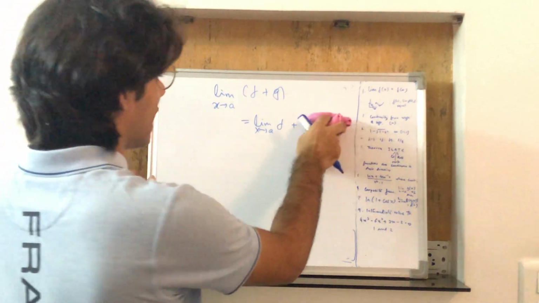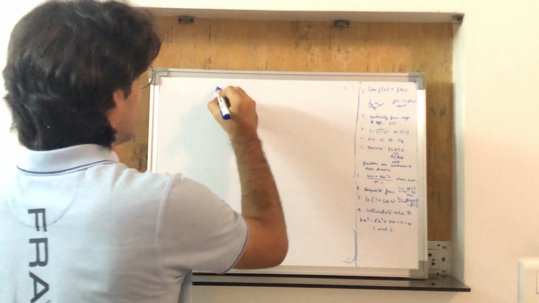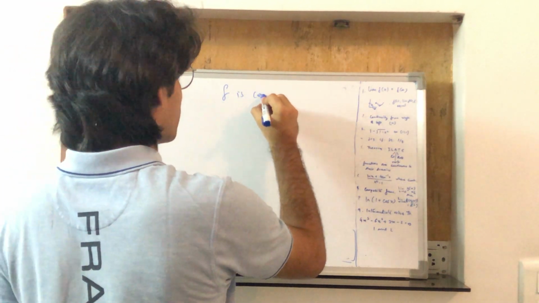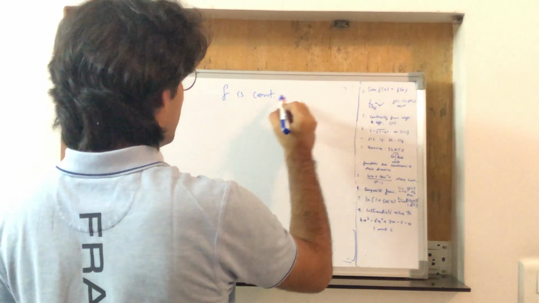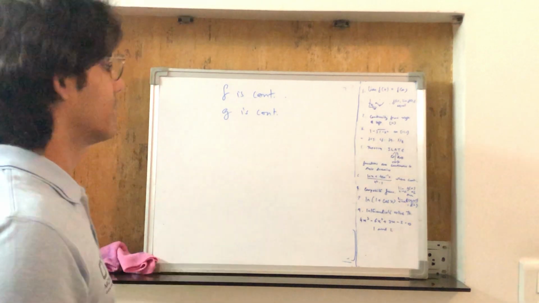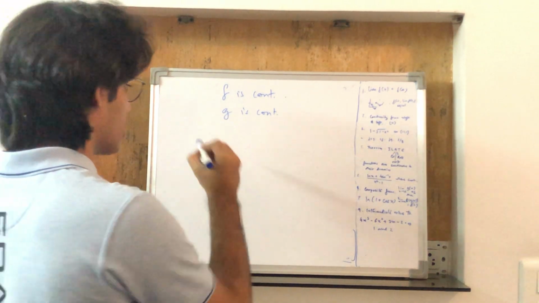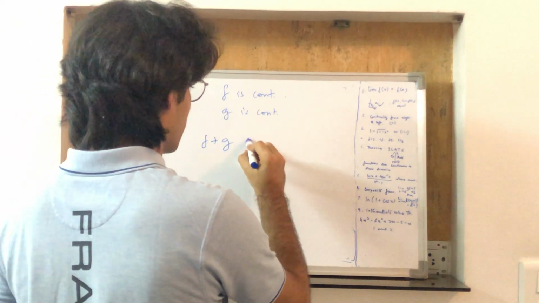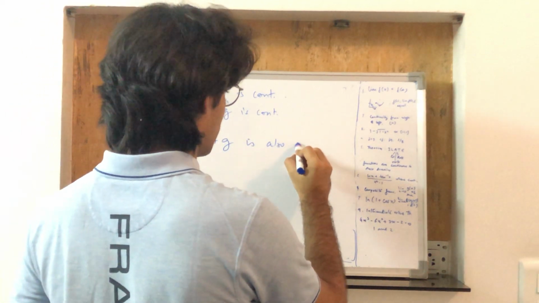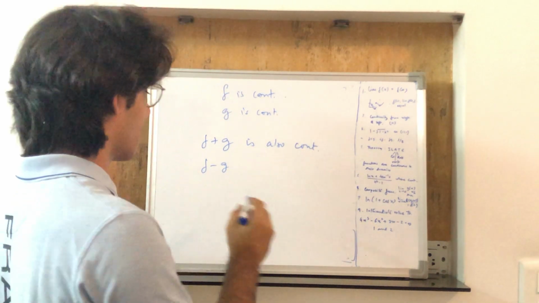How? Well, if we know that f is continuous and g is continuous, I'm just going to write CONT to save time, then the function f plus g is also going to be continuous. F minus g is also continuous.